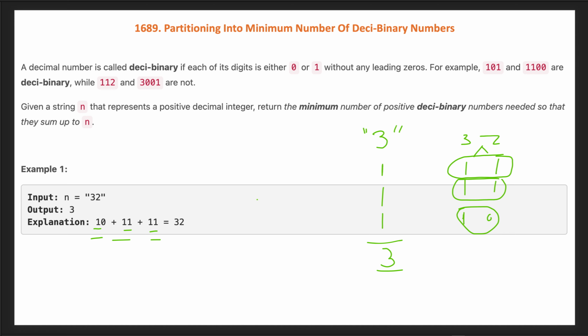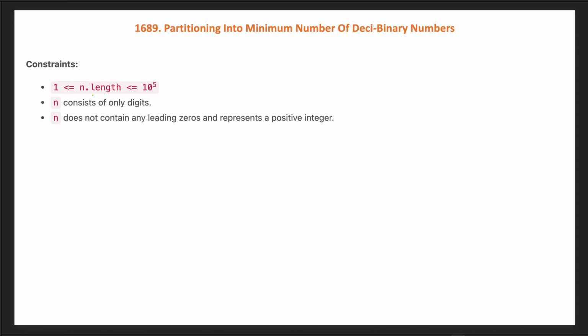The constraint is that the length of our string can be 10 raised to power 5, but before considering the constraint, let's take a bigger example. If we have 8571, again we divide all these digits.